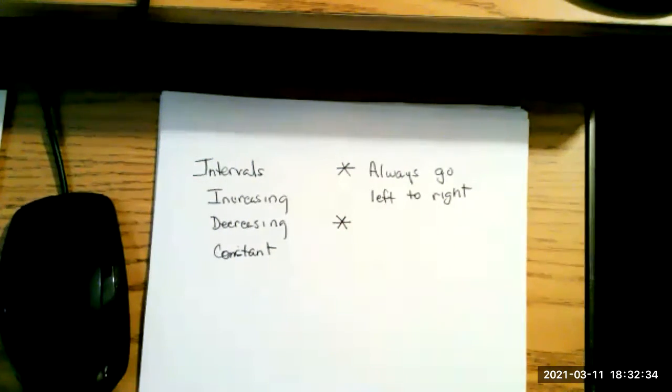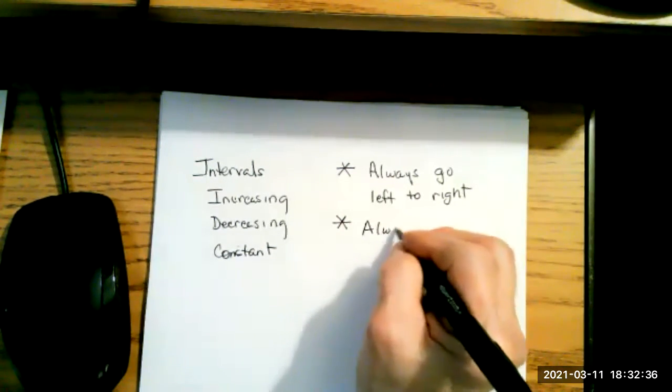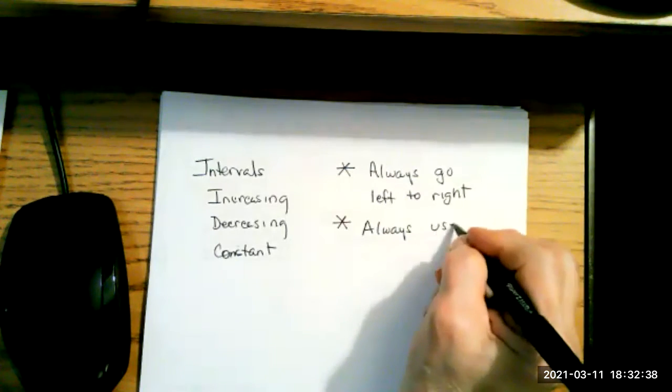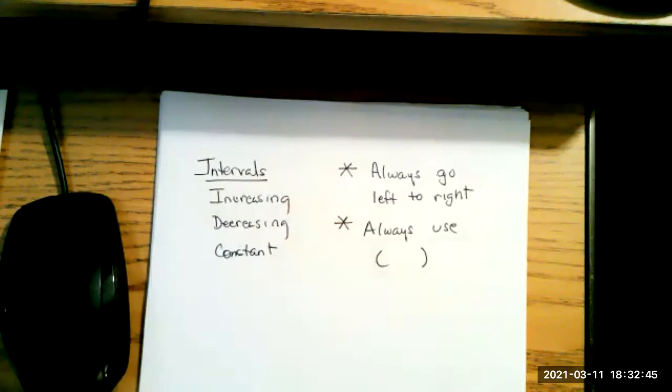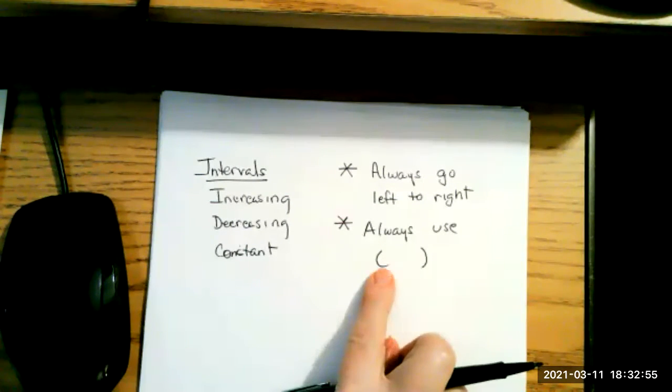Another thing about intervals is you always use parentheses. You never use a bracket on intervals. Now, they're going to mix it up and say, find the interval and then find the domain and range. When they do that, the domain and range will use some brackets, but intervals always use parentheses.